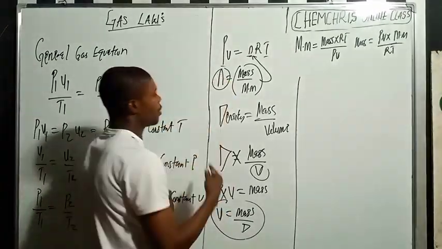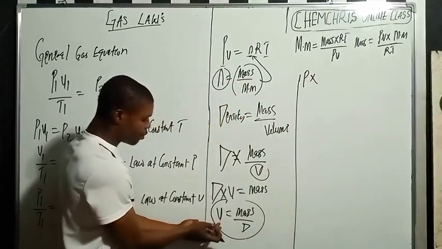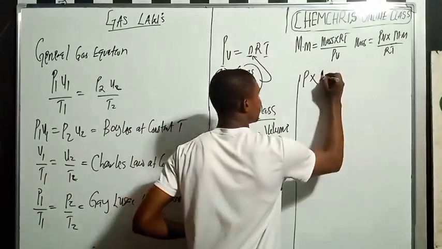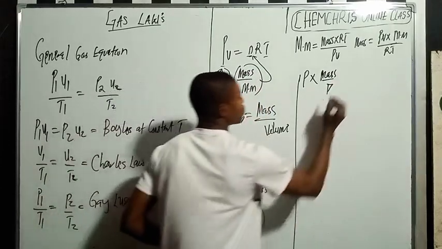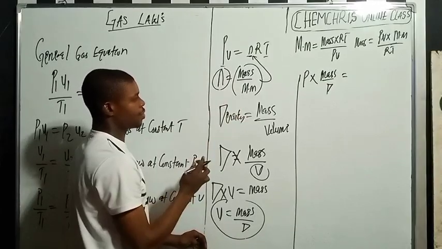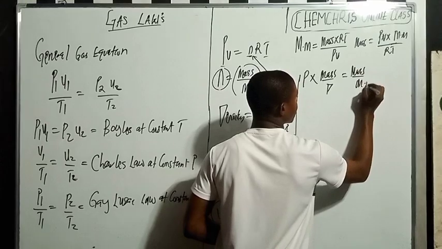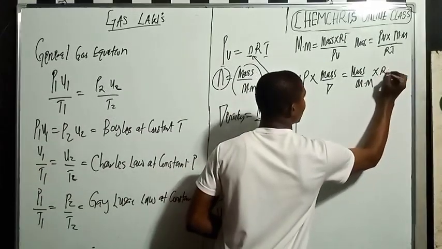So let's go back to the formula here. I'm going to have P times, now what's my volume? My volume is mass over density. So it's going to be P times mass over density, equals to, now what is my n? My n is mass over molar mass. So it's mass over molar mass times RT.